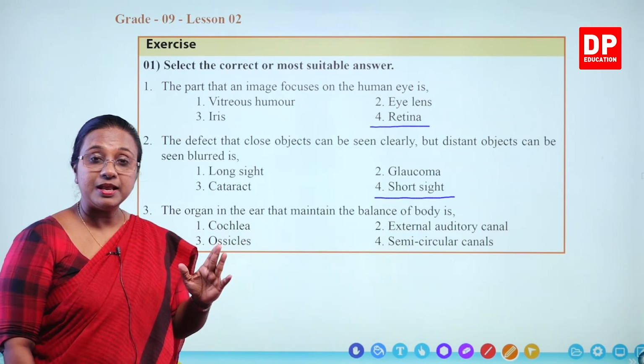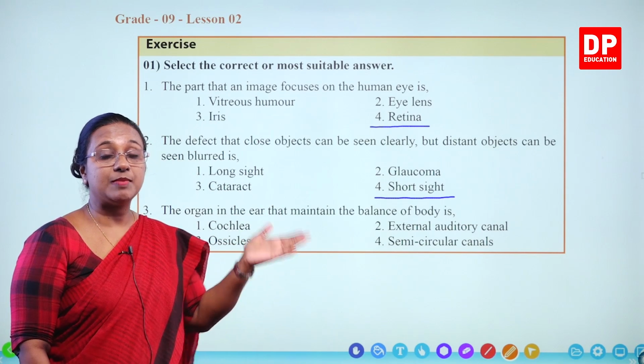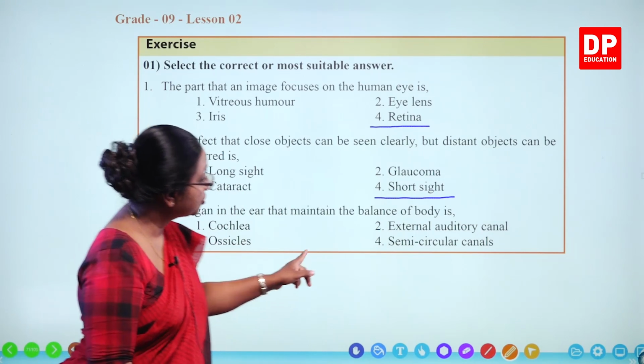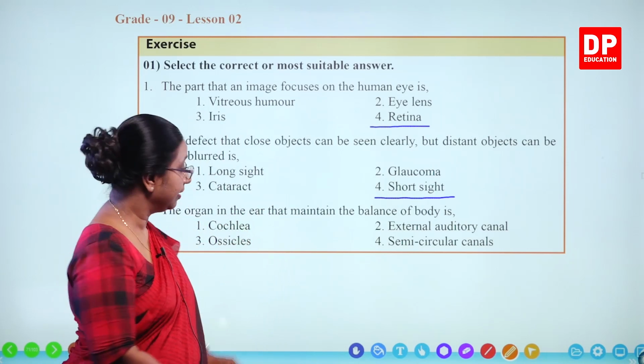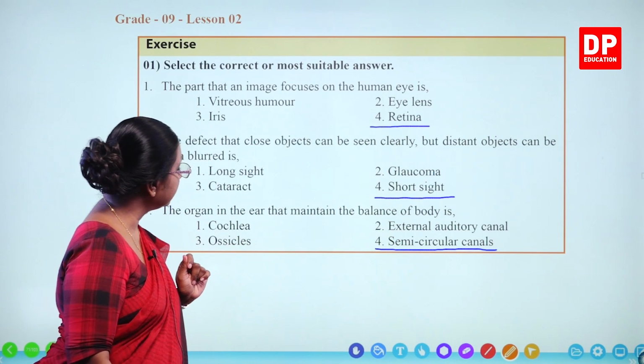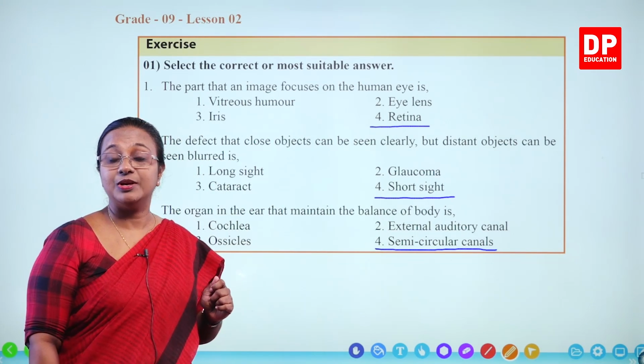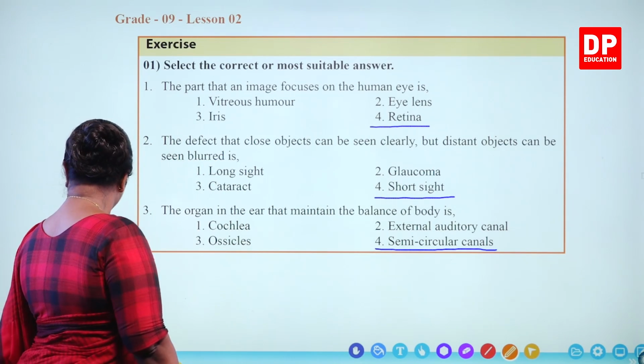Ossicles again vibrate and transmit the sound waves received from the tympanic membrane to the cochlea. So, it is the semicircular canals. That's the fourth answer. The organ in the ear that maintain the balance of the body is semicircular canals. I will move on to the next one.